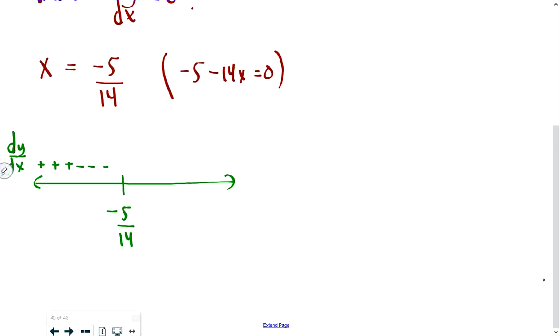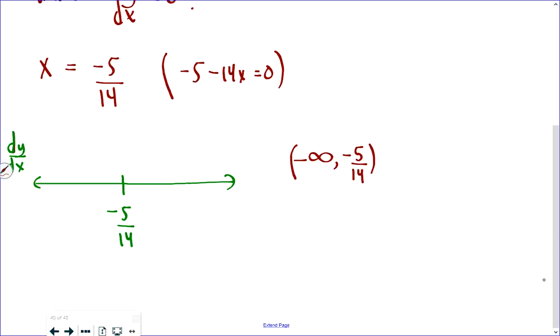So how we determine where the derivative is positive and where it's negative is we write out a first derivative chart, which shows the domains that negative 5/14 creates when it slices the domain of all real numbers.